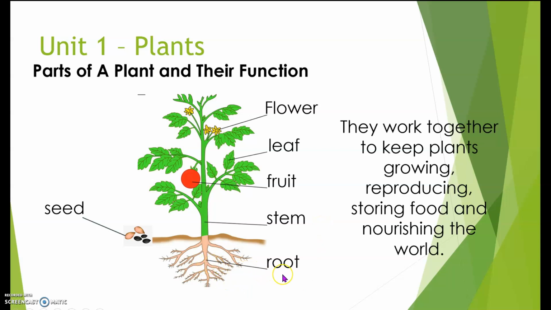And these are called roots. This one is called seed. Very good. All parts of these plants work together to keep plants growing, reproducing, storing food, and nourishing the world. Can you repeat after me? They work together to keep plants growing, reproducing, storing food, and nourishing the world. Very good.